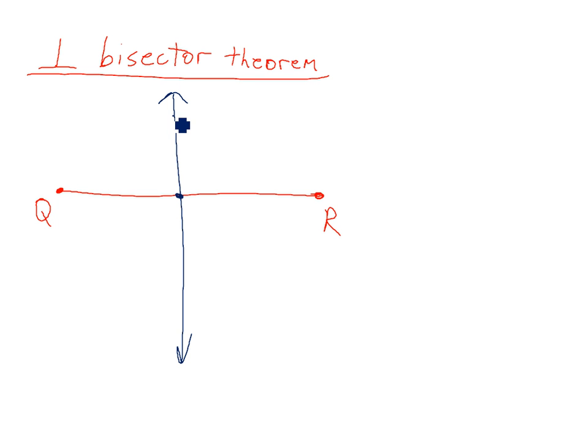And this blue one, we'll call it MN. If we know that line MN is the perpendicular bisector of segment QR, so the blue one is the perpendicular bisector of this one, then we know that these two segments are congruent, and we know that that's a right angle.